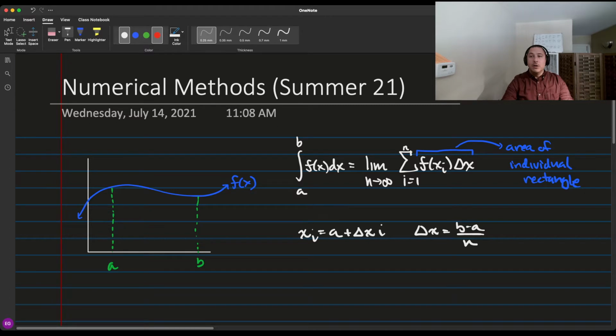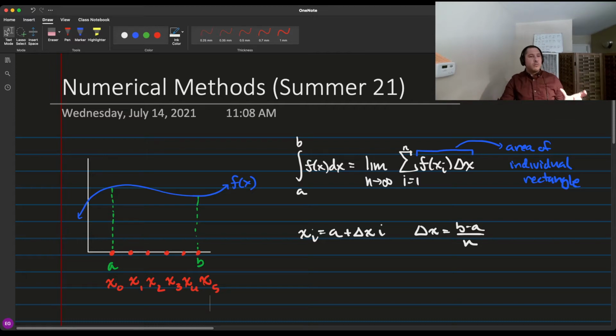So if we draw some, this first one right here, a is always x0, so we can write x0, x1, x2. I'll just draw a couple of them in there, x3, x4, and then in this case, my b will be x5. So you can imagine a partition with 5 rectangles.